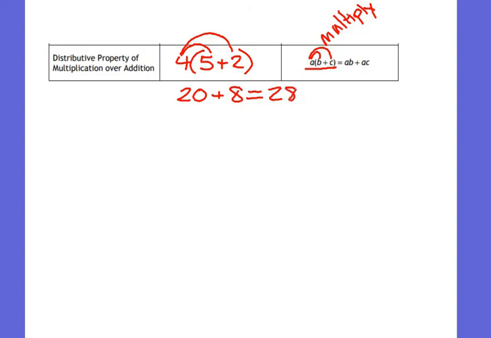And that's how distributive property works. Okay, that's the only one I really wanted to look at on the chart. So we'll move on to number 9.